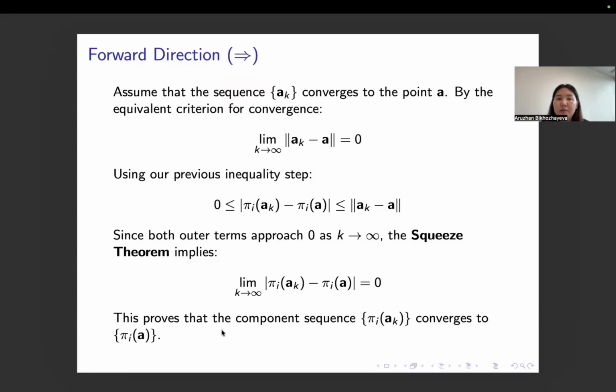Therefore, we can state that every coordinate converges to its corresponding coordinate, following the convergence criterion that we discussed at the beginning of our presentation. So vector convergence automatically implies component-wise convergence.